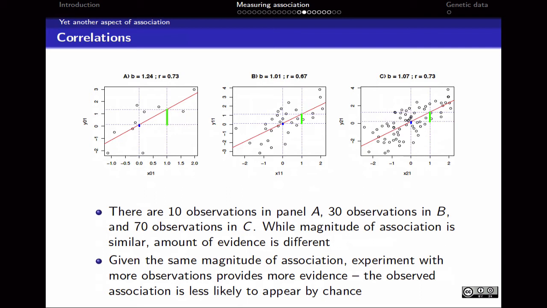And given the same amount of association, of course the experiments with more observations provide more evidence that the observed association is unlikely to appear by chance.